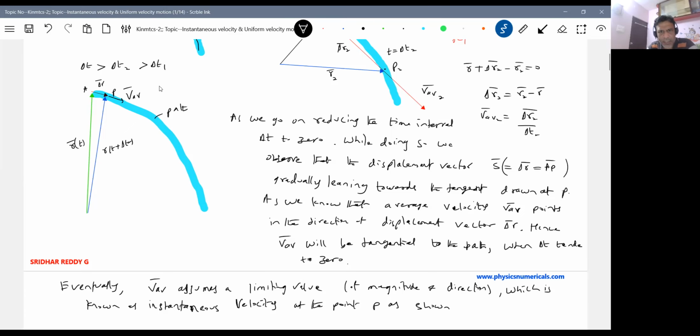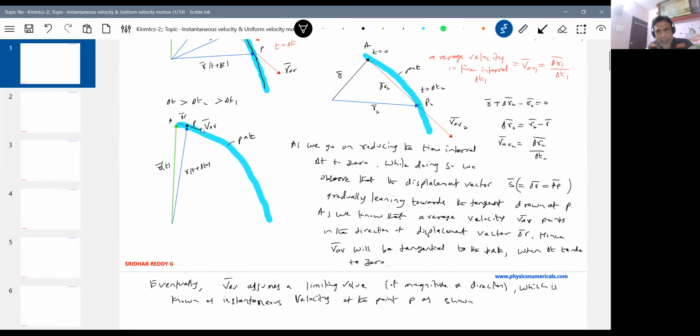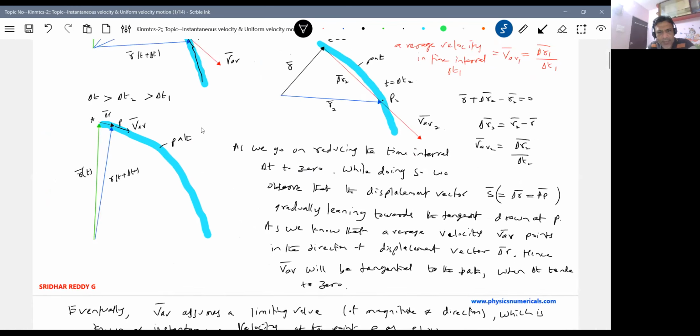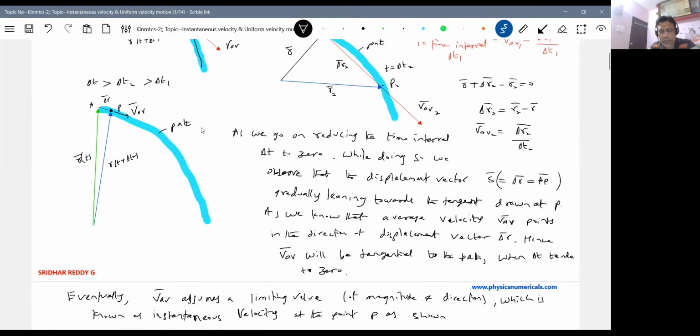This is the best topic of the entire kinematics. Very, very interesting. A student has to just understand the vector diagram. Nothing big is there. So I'm going to start with this one.